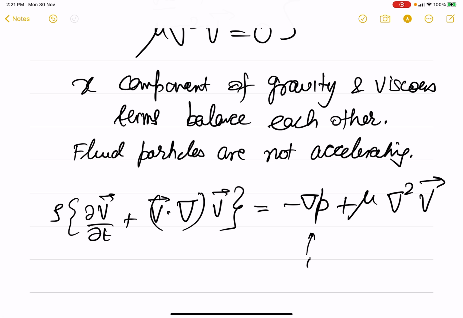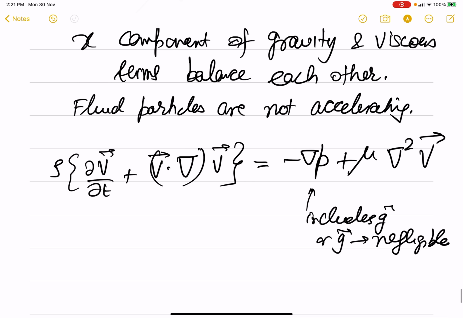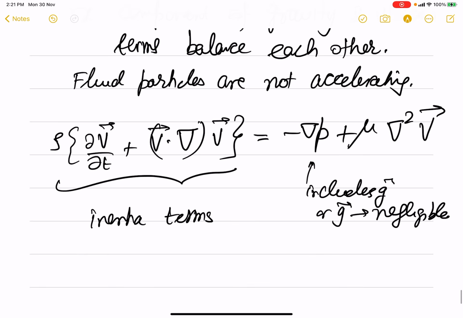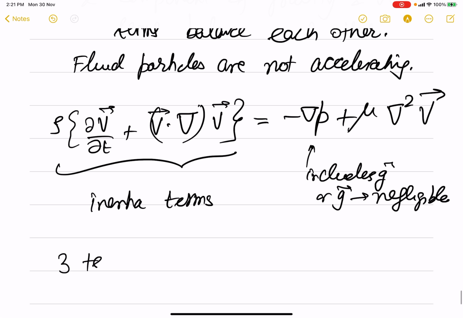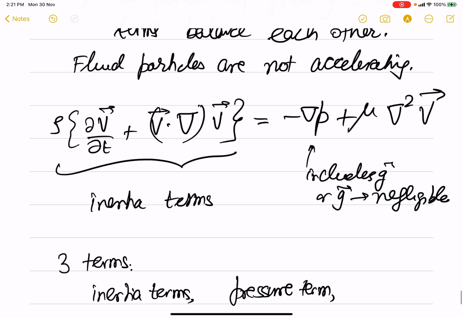So this includes G, or gravity is negligible. Now here we see that left hand side we have the inertia terms. So in this equation we have three terms: inertia terms, pressure term, and the viscous term.